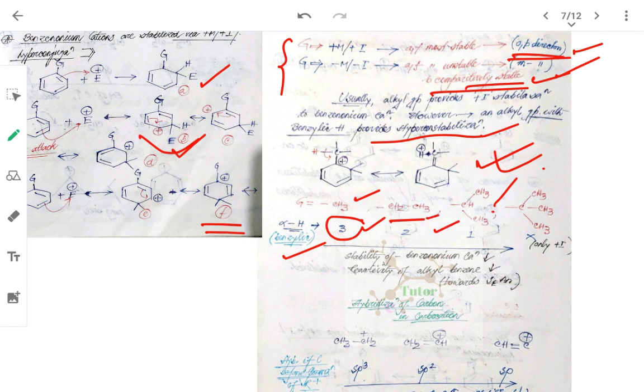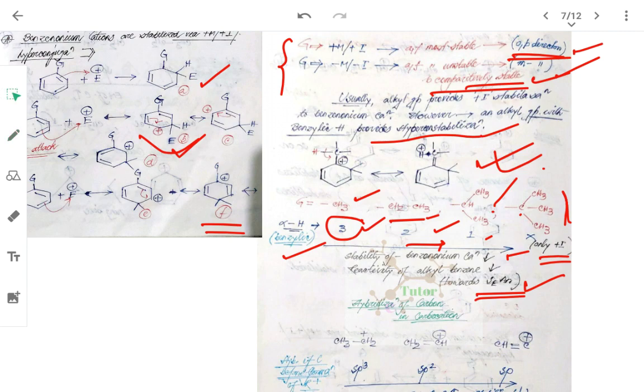In case of this there is 1 alpha hydrogen, and in case of this tertiary butyl group there is only plus I effect, no alpha hydrogen. So the stability of benzenonium cation decreases in this manner, and the reactivity of alkyl benzene decreases towards electrophilic aromatic substitution type reactions.